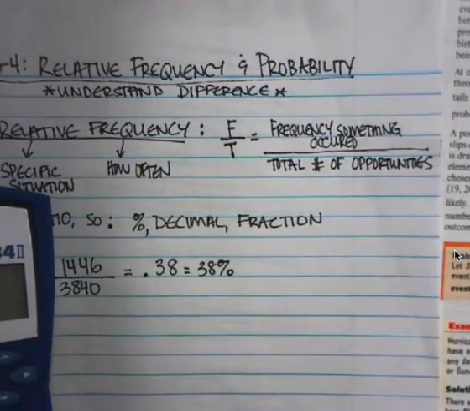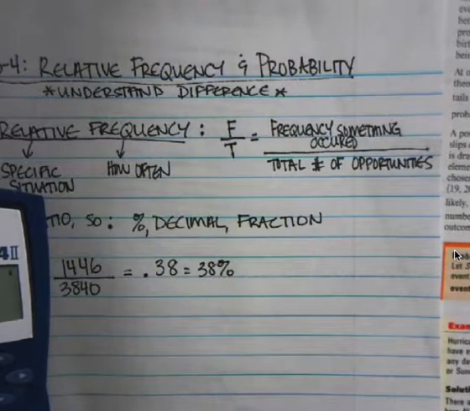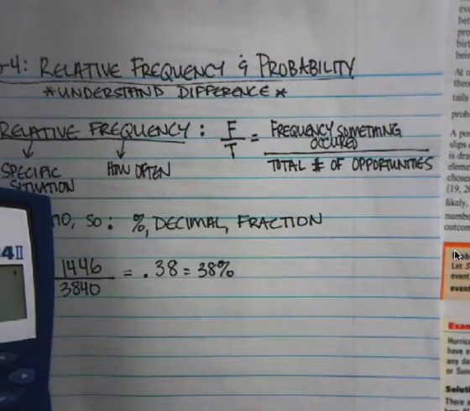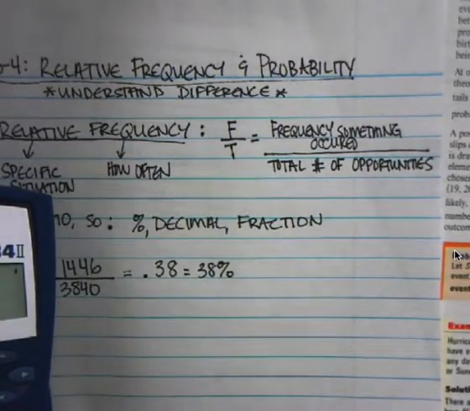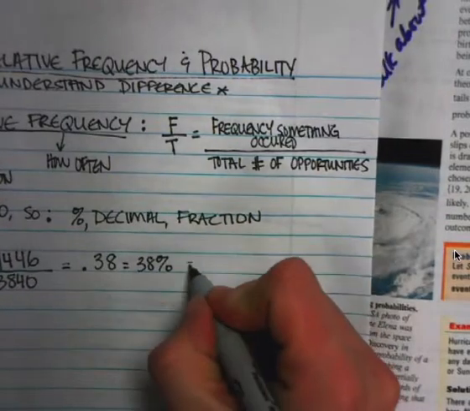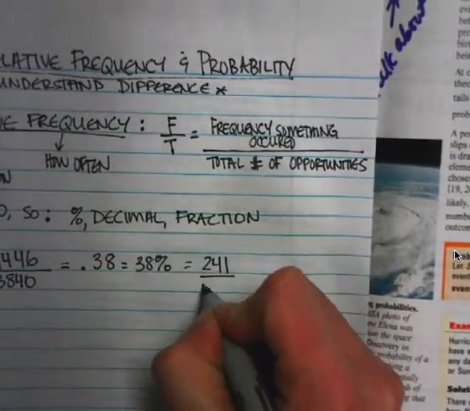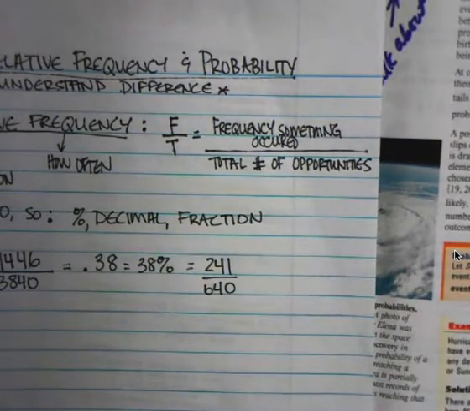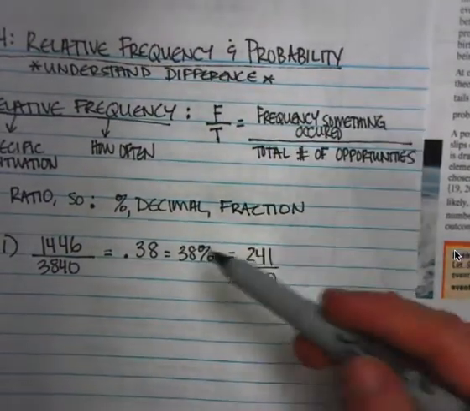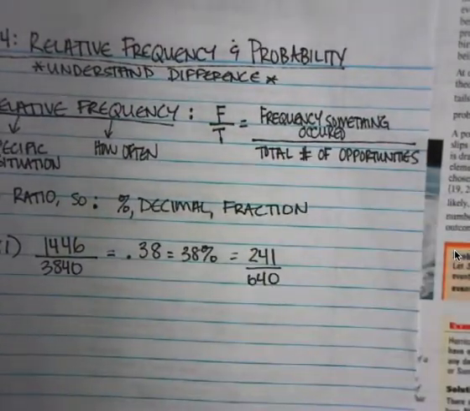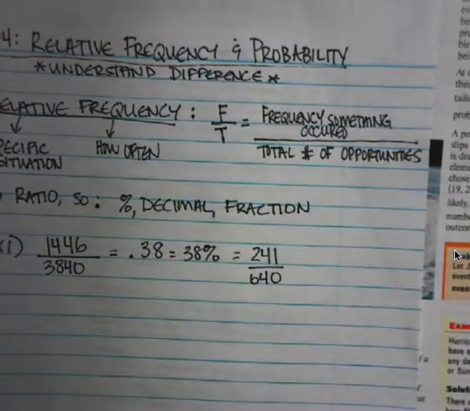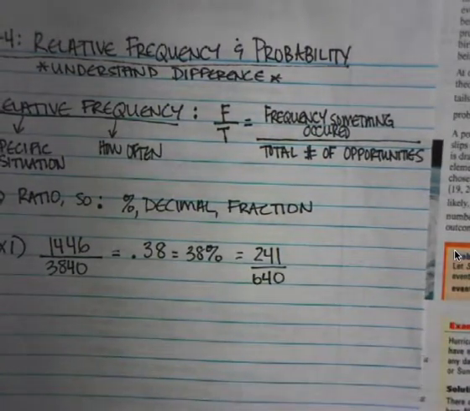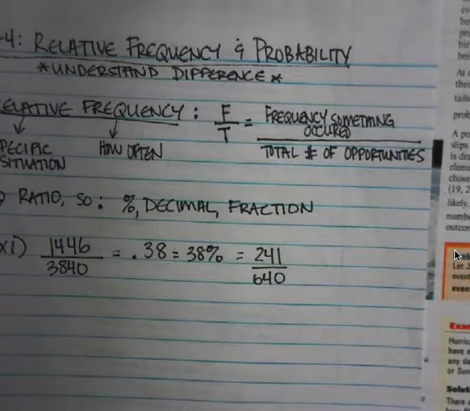If we want just to look at the reduced fraction, it looks like 241 over 640. I would say for this problem, the percent is probably the most helpful because it tells us 38% of the skunks that were tested had rabies. Okay, so that's relative frequency.